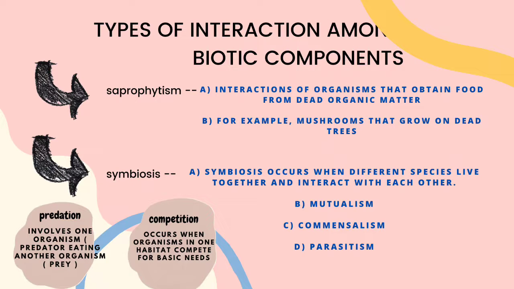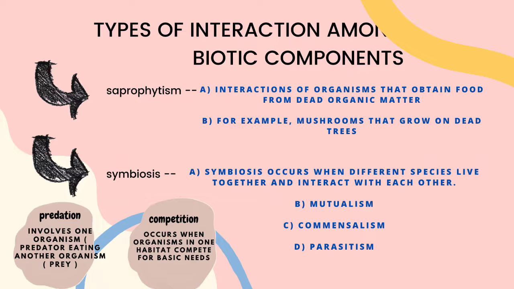There are two types of interaction among biotic components, which are saprophytism and symbiosis. Saprophytism is an interaction of organisms that obtain food from dead organic matter. For example, mushrooms that grow on dead trees.